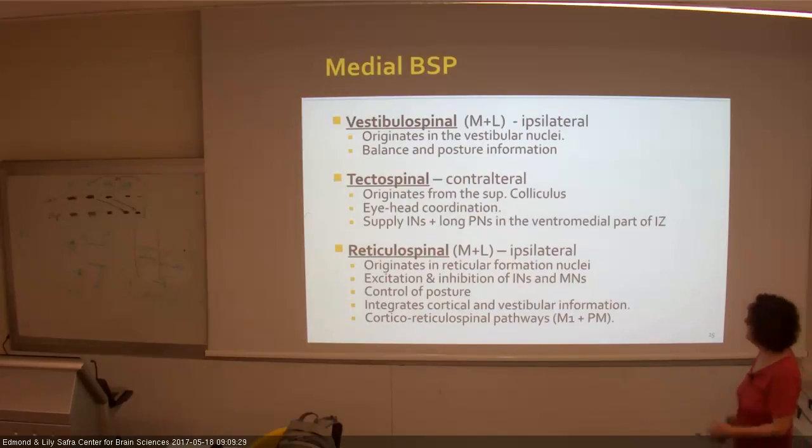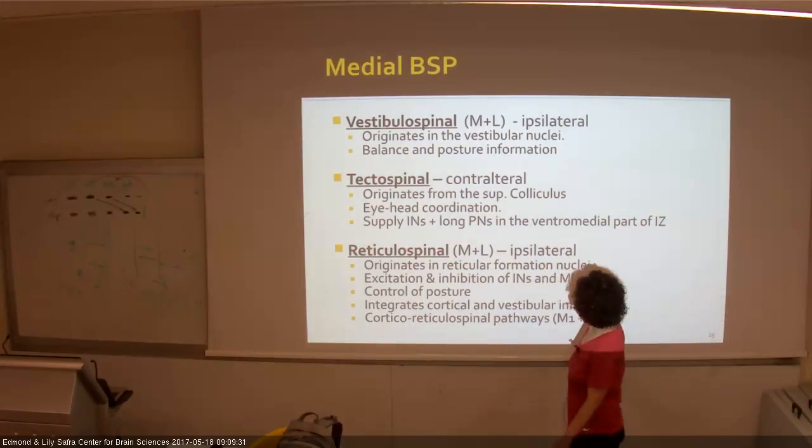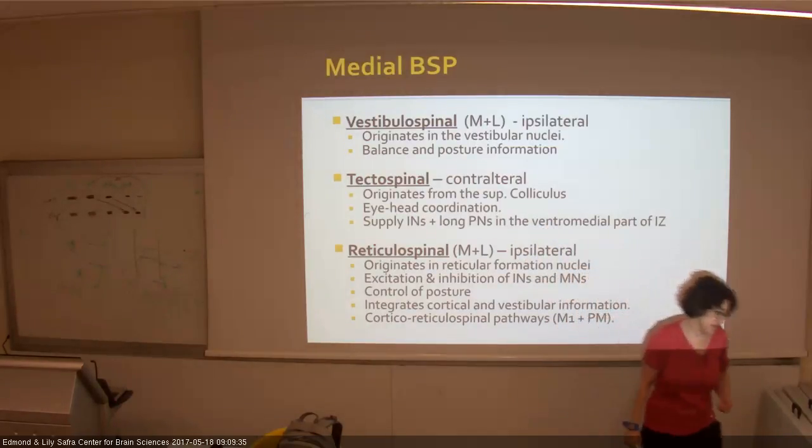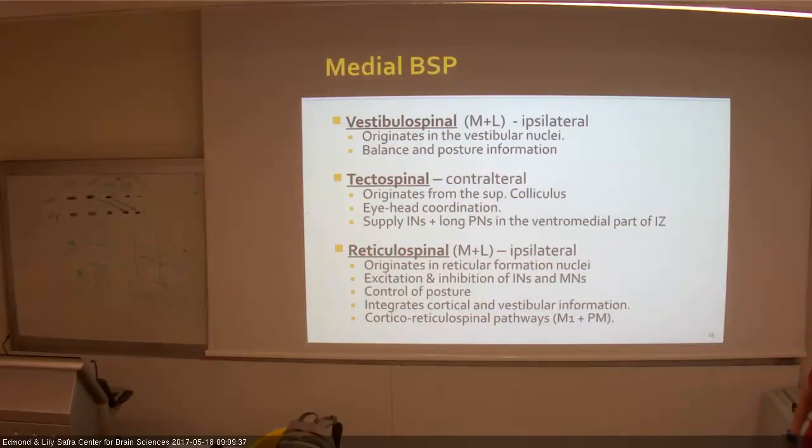The tectospinal is a contralateral pathway, and it originates from the superior colliculus. The superior colliculus will eventually innervate muscles for eye movement. However, we also want to coordinate the eye movements with head movements, and also possibly some hand movements.